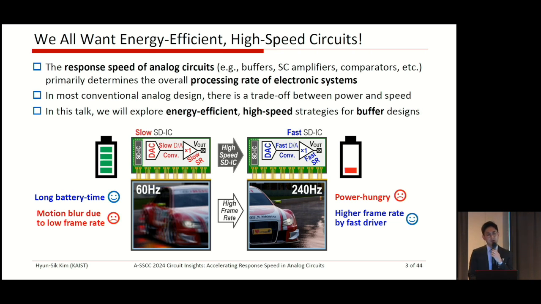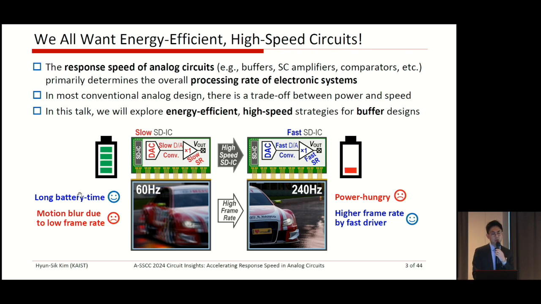However, in most conventional analog circuit design, there is a clear trade-off between power consumption and speed. This is the example of the display driver circuit system. By utilizing a low frequency, low speed driver circuit, we can save power consumption, so we can extend the power usage time.